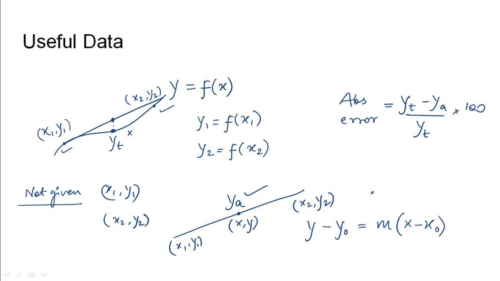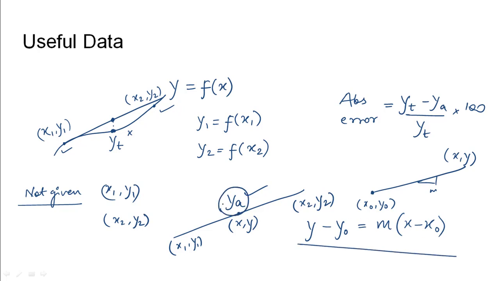If a certain point on the line (x naught, y naught) and its slope m are known, any other general point (x, y) can be found. So using the equation of a straight line, we can obtain the approximated value, and the true value can be obtained using the function equation, and on comparing these two y coordinates we can obtain the absolute error.